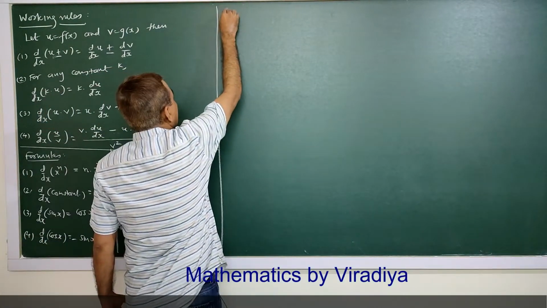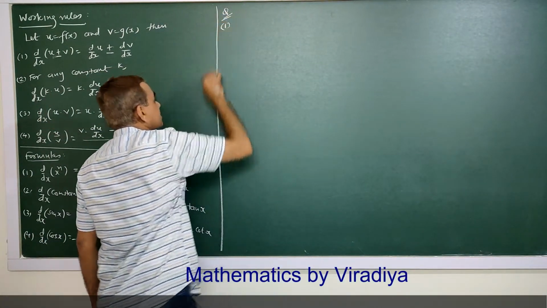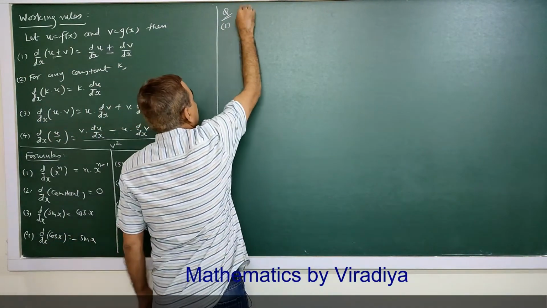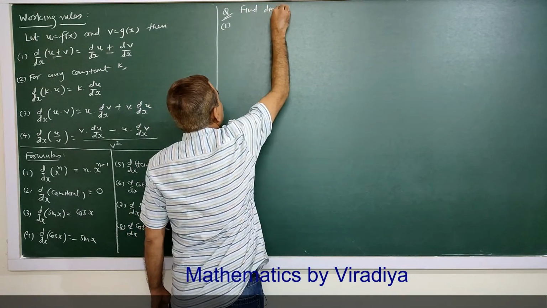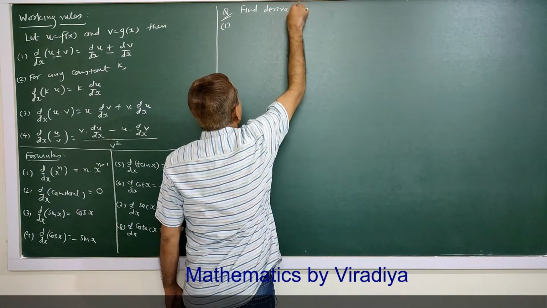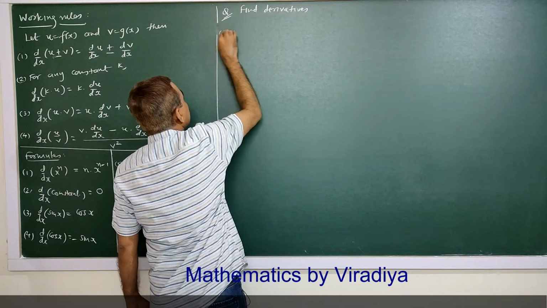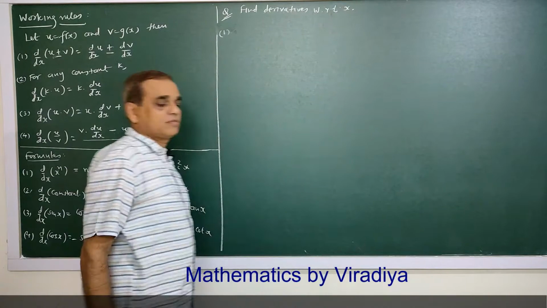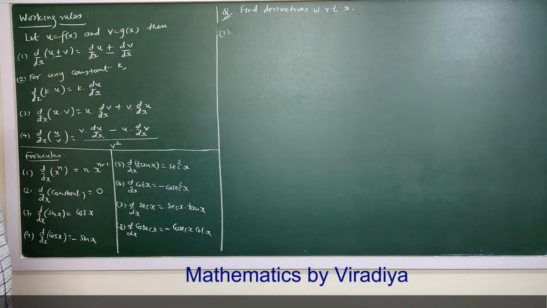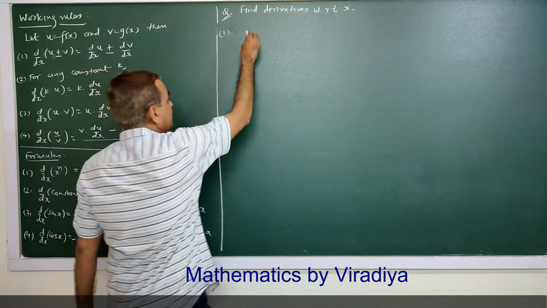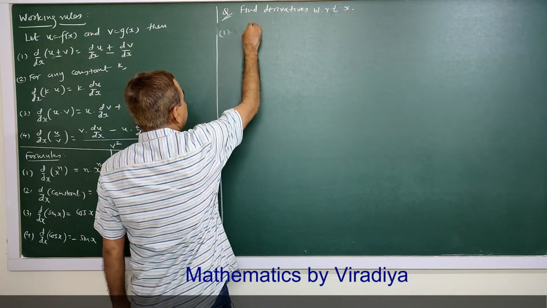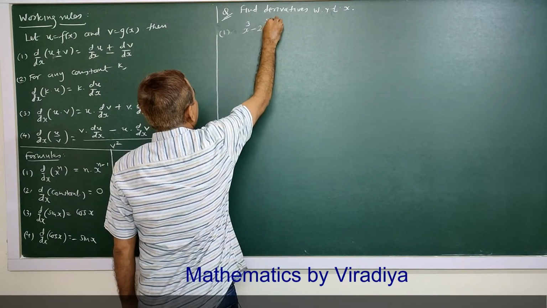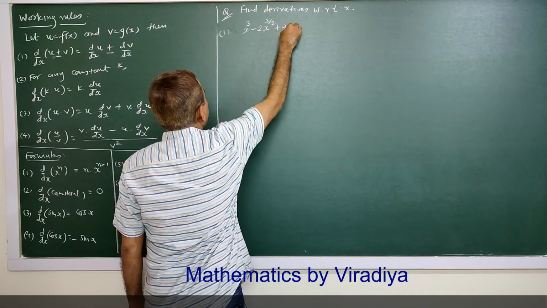Suppose the question is: find derivatives with respect to x. As for example, we want the derivative of x cube minus 2x raised to 5 by 2 plus 7x minus 1.